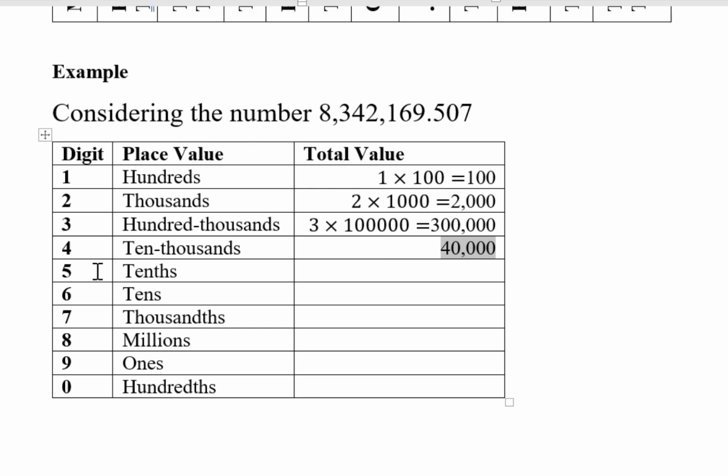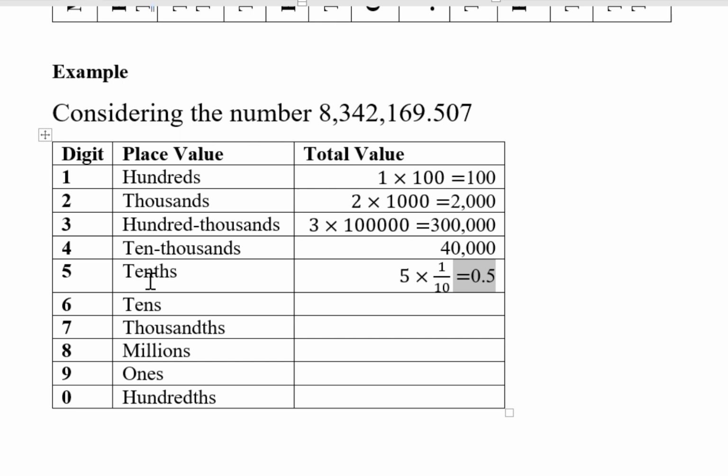5 takes a place value of tenths. Tenths means 1 over 10. So for us to get the total value, we shall take 5 times 1 over 10. When you do that, you get 0.5. 6 has a place value of 10, so we shall have 6 times 10, giving us 60. 7 has a place value of thousandths, and therefore the total value will be 7 times 1 over 1,000, because thousandths mean 1 over 1,000.